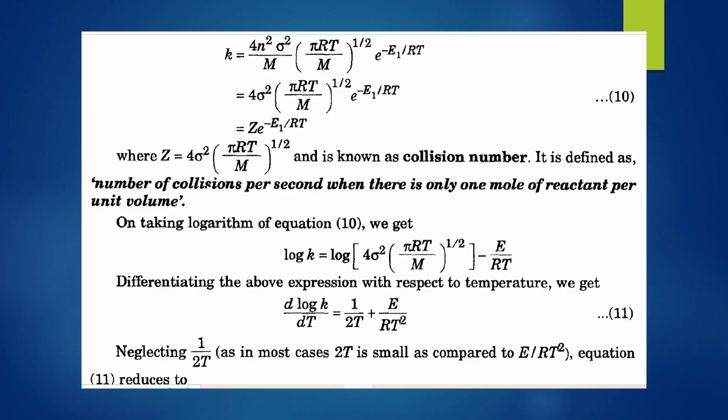So differentiating this expression with respect to temperature, we get d log k by dT, which is equal to 1 by 2T plus E by RT squared. When compared with the other term, RT squared, this 2T is small and can be neglected.